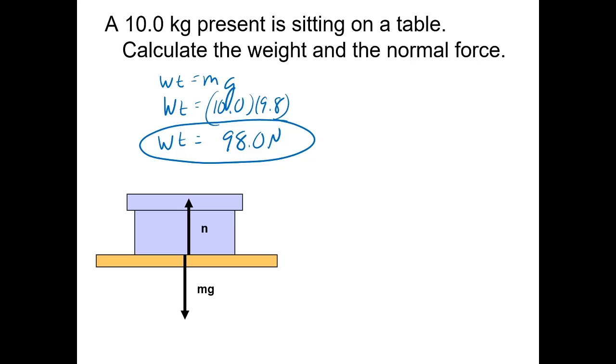Now here's where we're really going to start to use Newton's second law. Remember, there's only two choices. The sum of the forces is 0, or the sum of the forces is ma. Now in this case, the box is just sitting there, so the sum of the forces has to be 0. Now let's look at our free body diagram.